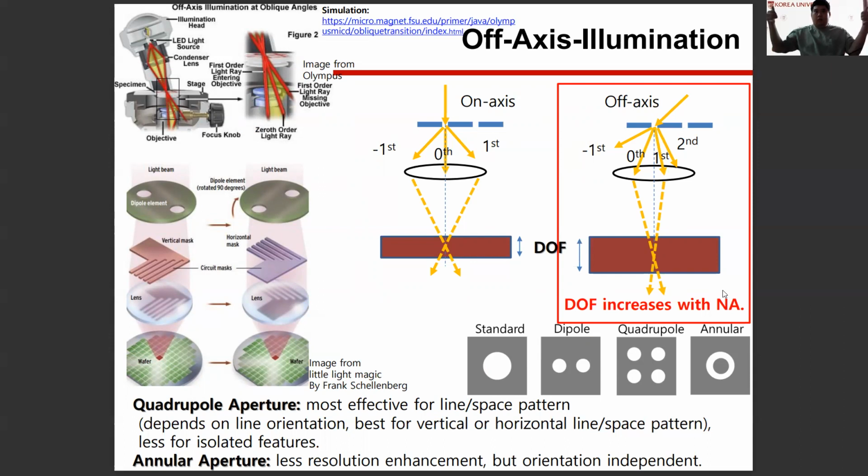We again take the scattered light and concentrate it, and because for the higher orders the angle that enters the photomask is even shallower than with on-axis illumination, the depth of focus can be increased by this technique.